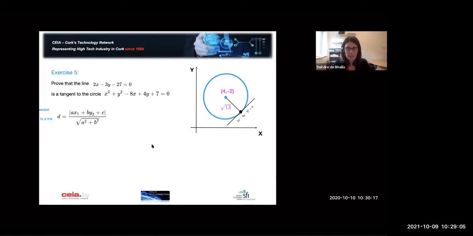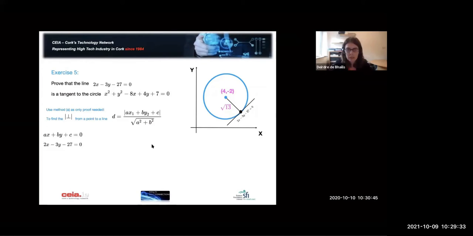Okay, so we're going to use method A because the question simply states to prove that the line is tangent to the circle. Referring back, you may have covered this last week in the geometry of a line. We have in our tables on page 19 the formula to calculate the perpendicular distance from a point to a line.